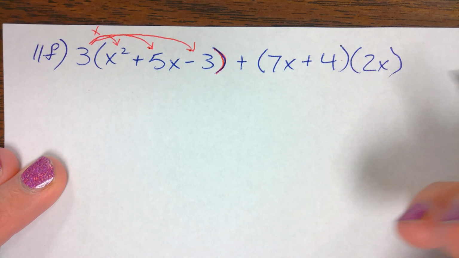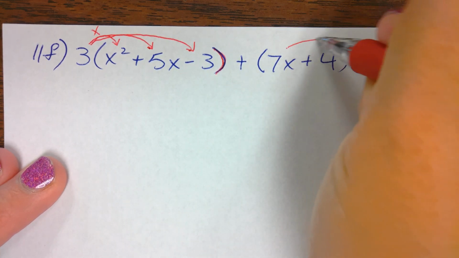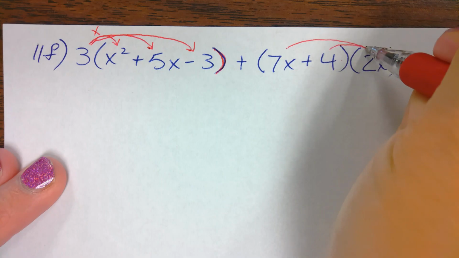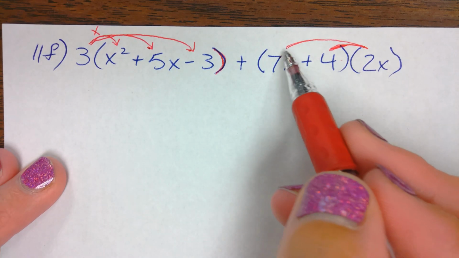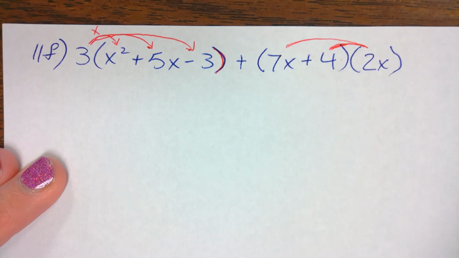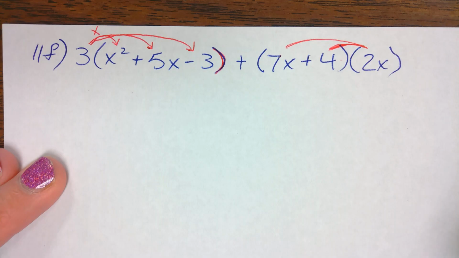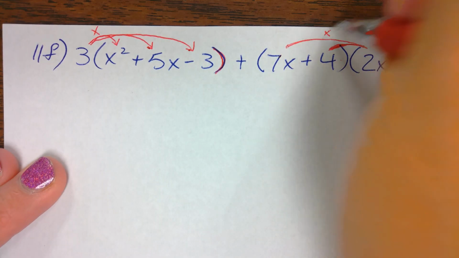Does it change anything? No, you do it the same way. So this multiplies with this, and this multiplies with this. Okay. So you can think of it as 2x times this, or you can think of 7x times 2x. It's the same thing. Again, you're multiplying it twice.